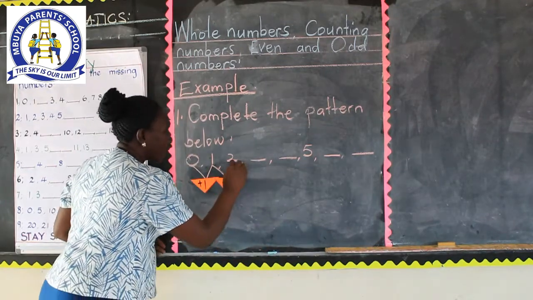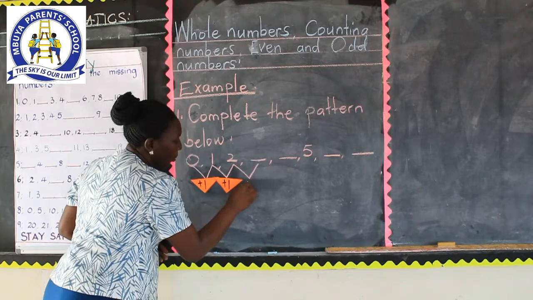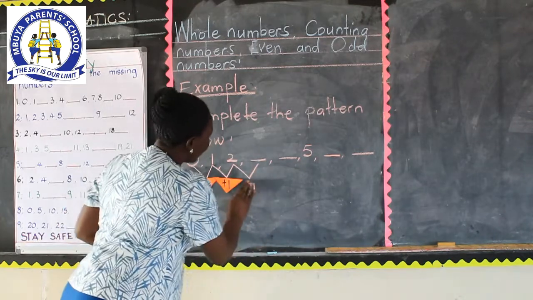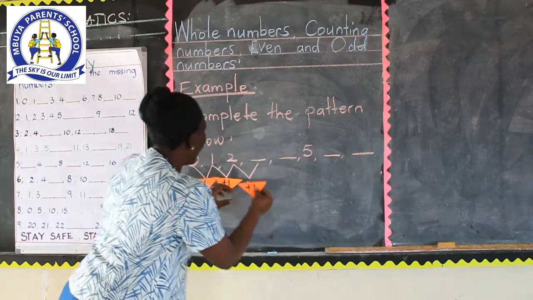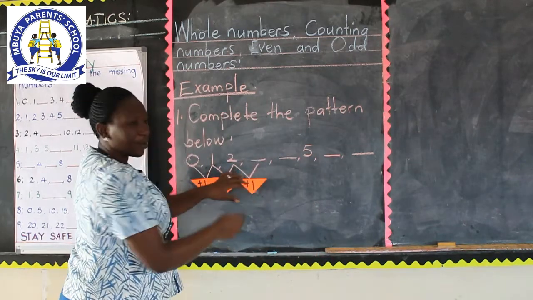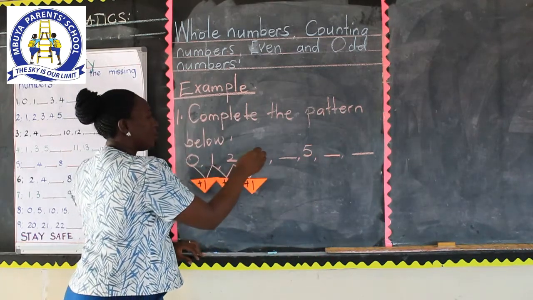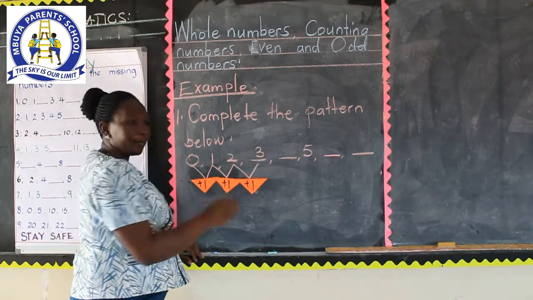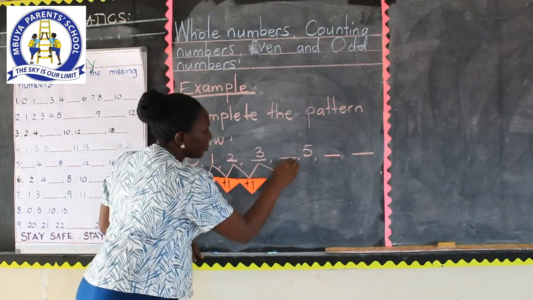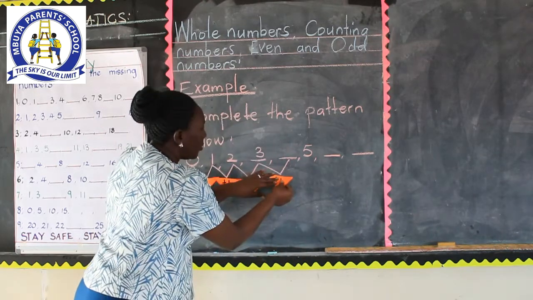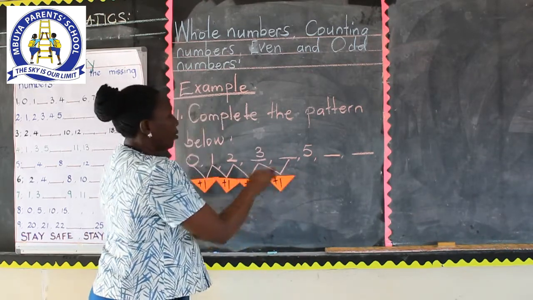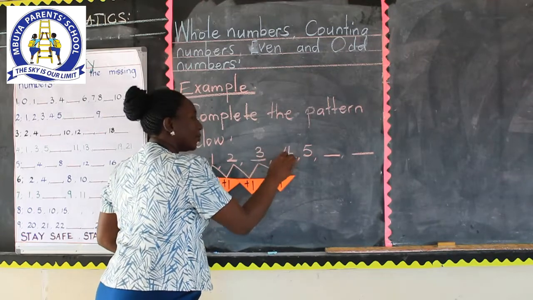So in this case, plus 1. Sorry, I have my beautiful colors here. We have plus 1. 2 plus 1, we shall have 3. That missing one too, we shall say plus 1, we shall come to 4.